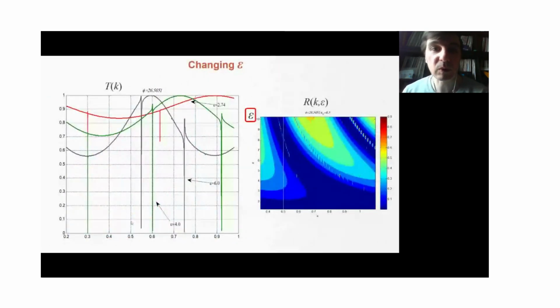Also, what we can do is change epsilon of the dielectric, like change the dielectric layer on top of graphene.